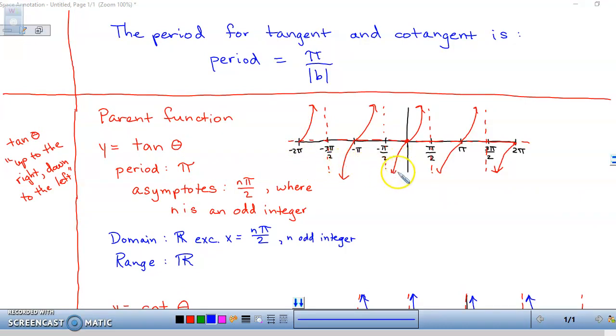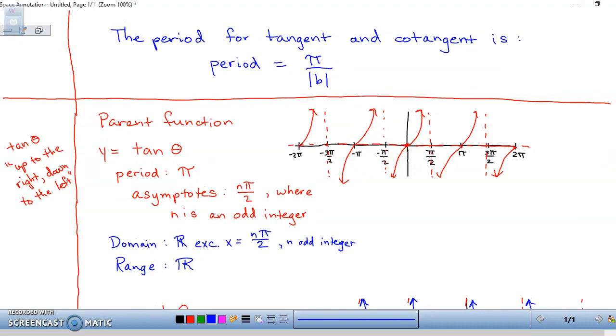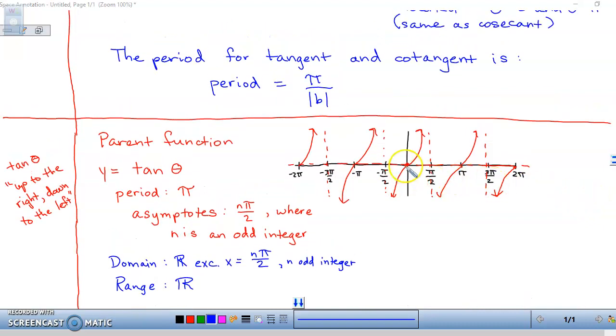And you'll also hopefully notice that for the graphs of tangent, we take the asymptotes, we cut it in half, so we're finding the midpoint between the asymptotes. And then the tangent function will rise to the right, and it will fall to the left, or you go up to the right and down to the left. So between each pair of asymptotes we have a new tangent part of the graph.